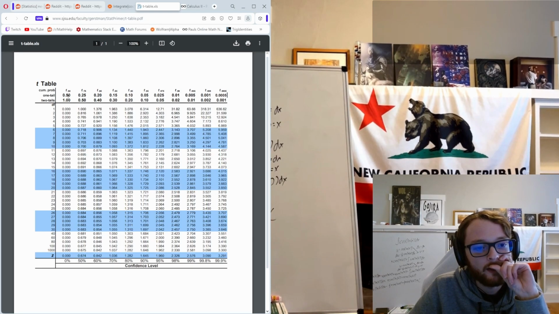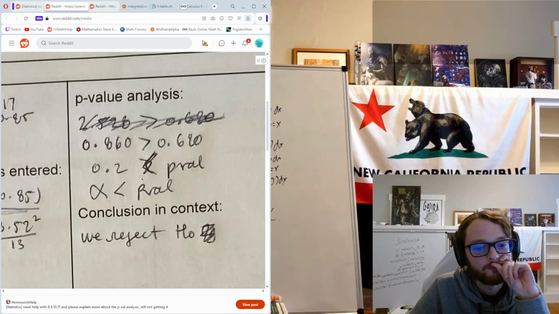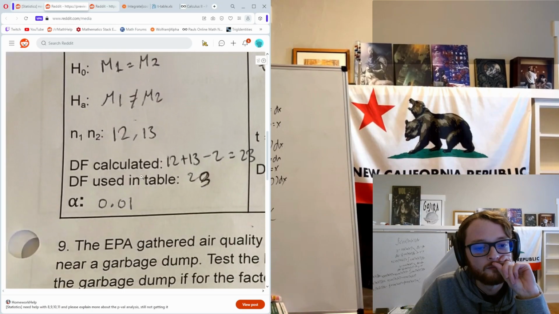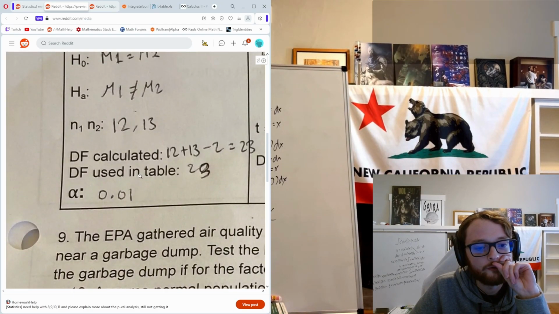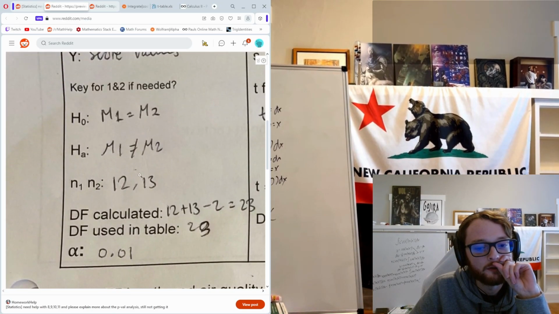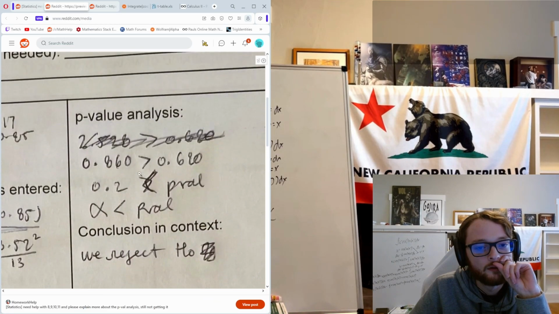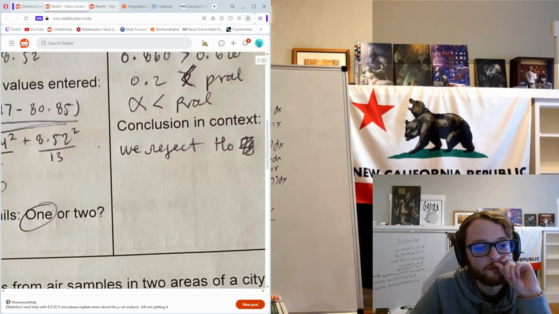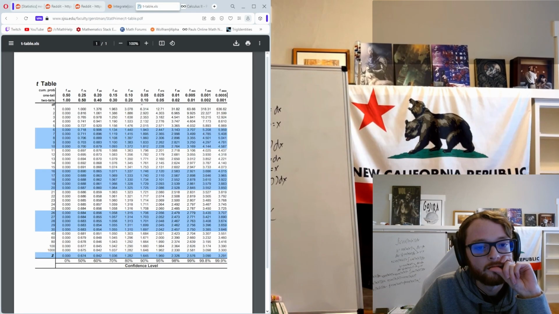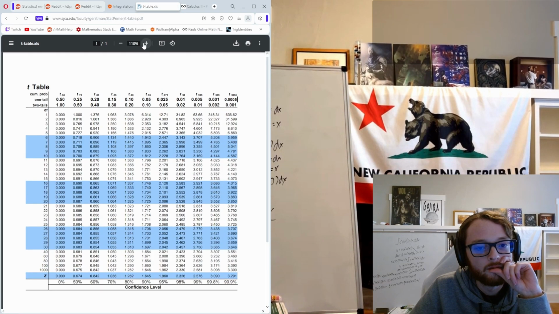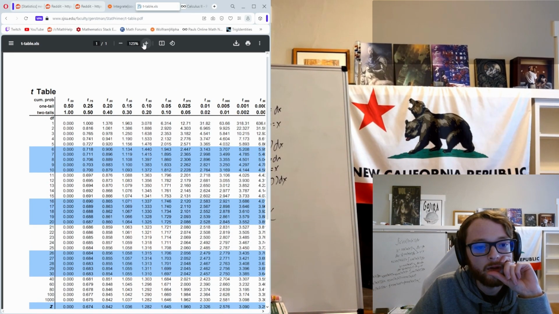So if we want to find out the actual answer, their degrees of freedom was 23, their alpha is 0.01, and their t-value is 0.68. This is better done on the calculator.